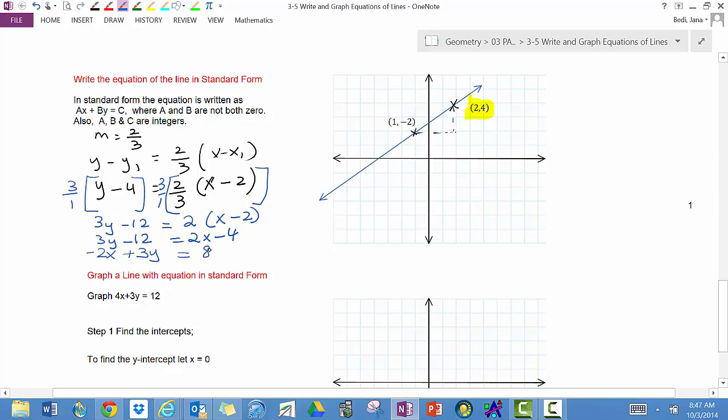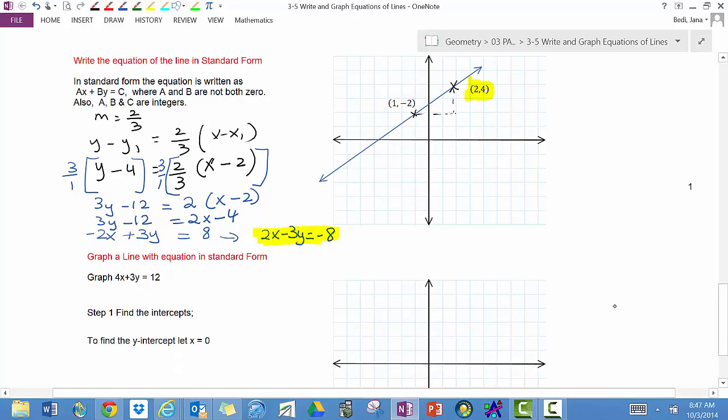Okay, it is customary to leave the x as a positive, so we could write this as 2x minus 3y equals negative 8. So what I've done is I've multiplied the whole equation by a negative 1.